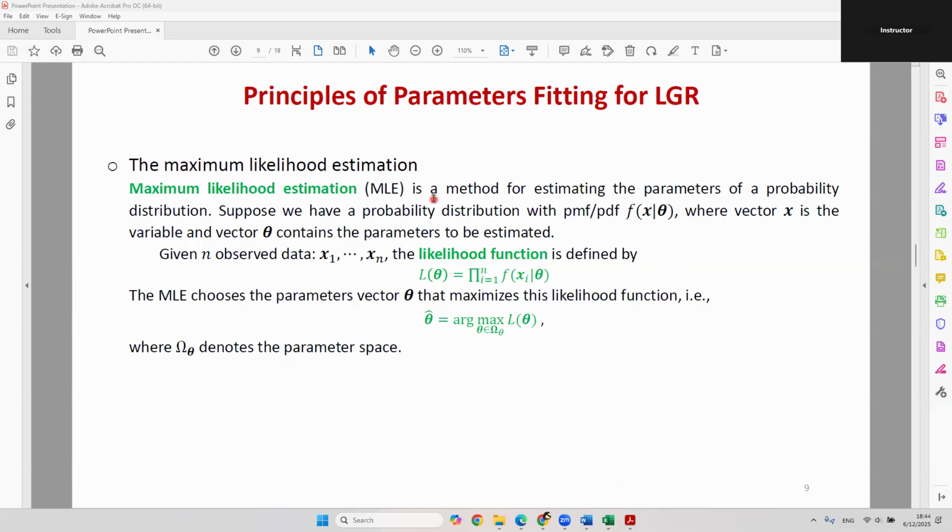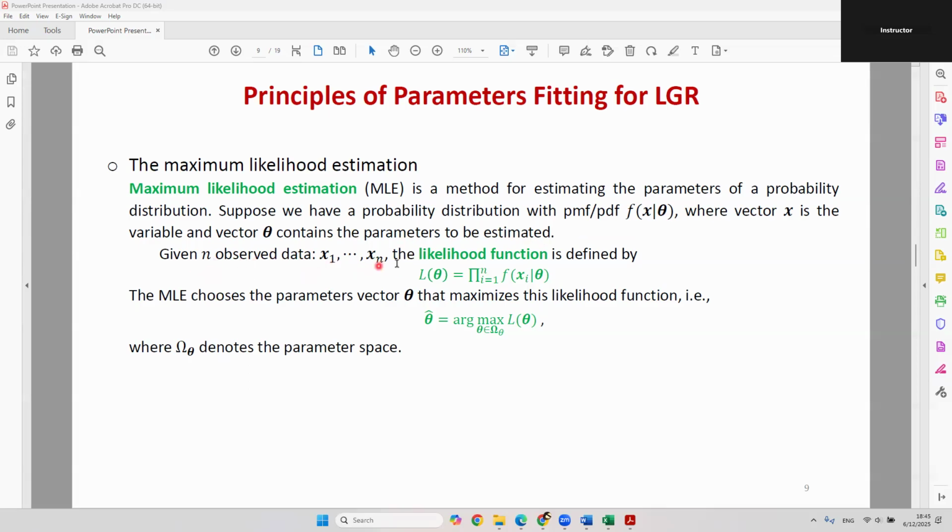I'm not 100% sure whether you have learned it in the statistics class, but indeed MLE is one of the most popular point estimation methods. So for MLE, the model is: suppose we have a probability distribution with PMF or PDF. Here x is a variable, or you can think of it as training data, and theta contains the parameters to be estimated.